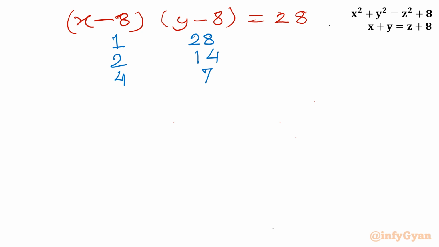Now I will consider negative factors. So I will write minus 1, minus 28, minus 2, minus 14, and minus 4, minus 7. Then we will get the product plus 28. So let me write all these combinations and then we will prepare one chart. I will write x minus 8, y minus 8.